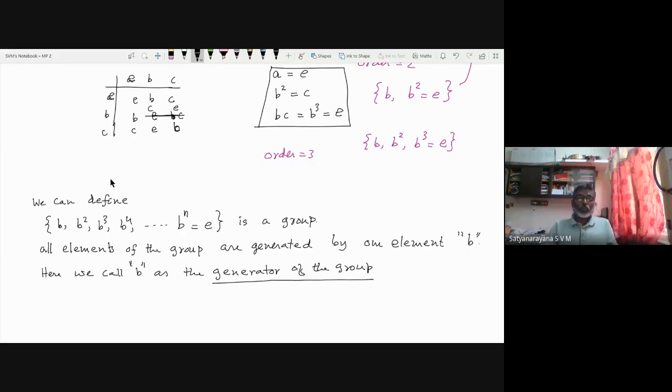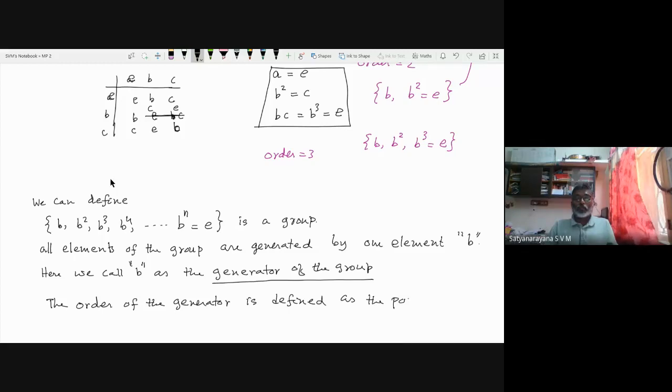And the order of the generator is defined as the power n such that b to the power n is equal to identity.